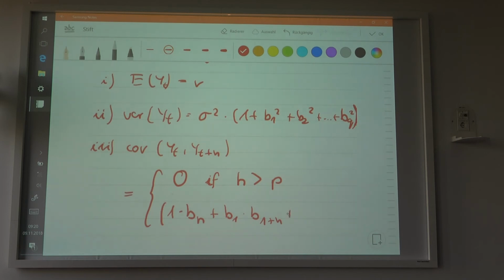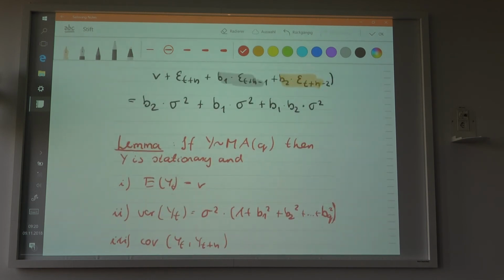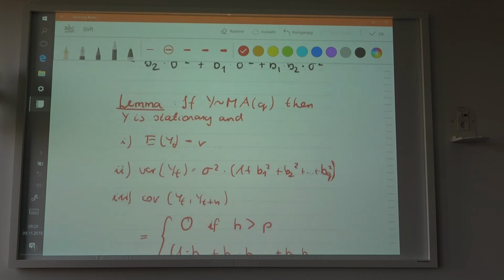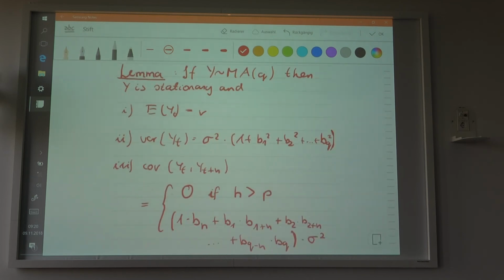Then you have plus B2 times B2 plus H, and so forth. The last one is going to be BQ minus H times BQ, and times sigma squared. That is relatively similar to the autocovariance here if you just take that to be equal to B0. So if you introduce B0, then you would get the same thing. So that's what you would get if you generalize the case.